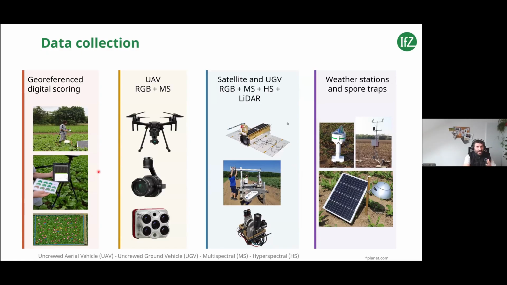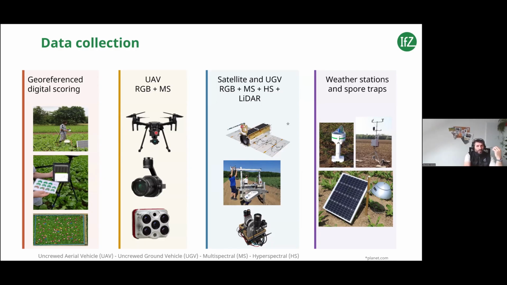From left to right, we established a method to collect ground truth. We modernized the normal field scoring using an RTK tablet, to get georeferenced and really accurate information from each plant.